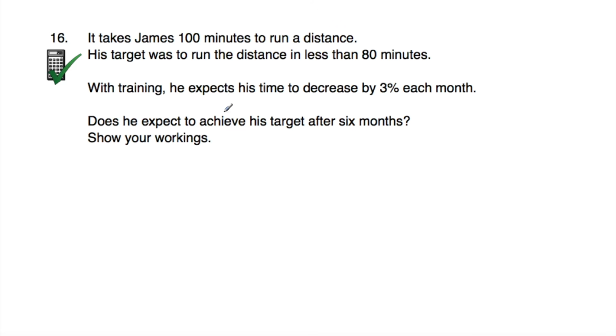Show your working. Okay, so the initial amount of time taken to run the distance is 100 minutes. Then we're going to multiply that by the multiplier. Now, his time decreases by 3% each month. So if you've got 100% and you decrease it by 3%, you're left with 97%. That's 0.97. So that's the multiplier, 0.97. If you multiply something by 0.97, it decreases by 3%.